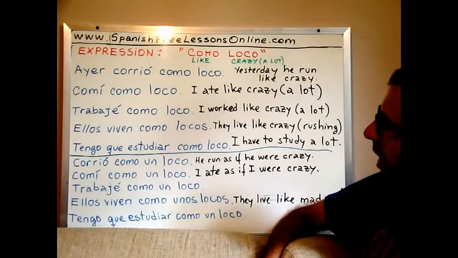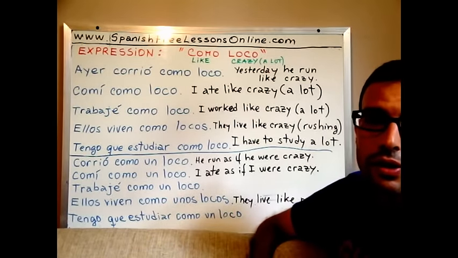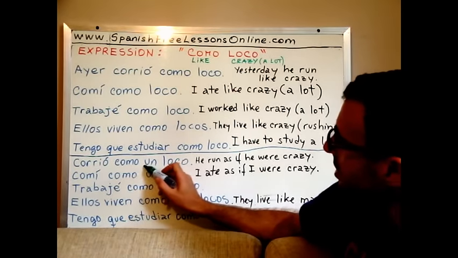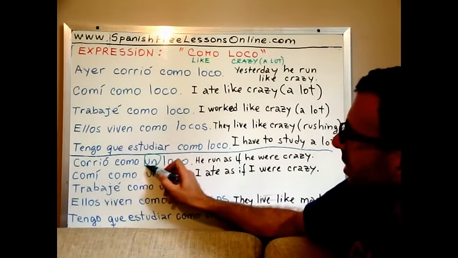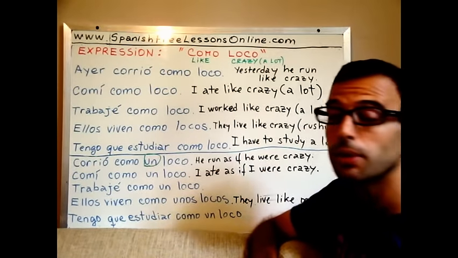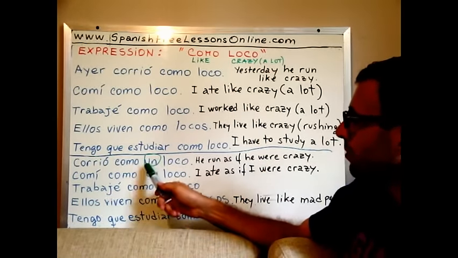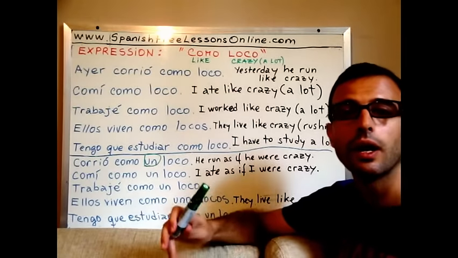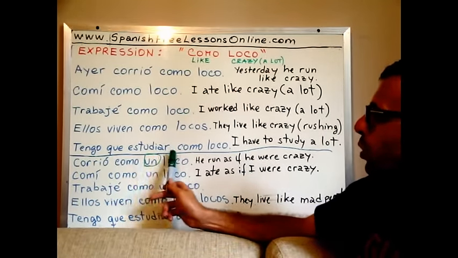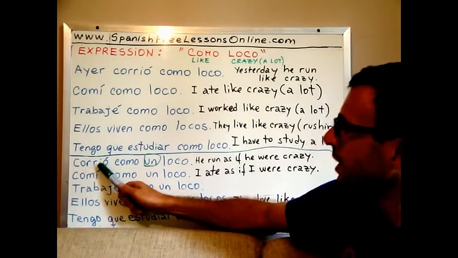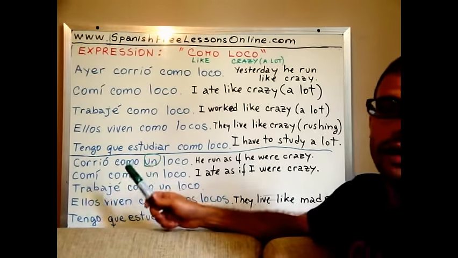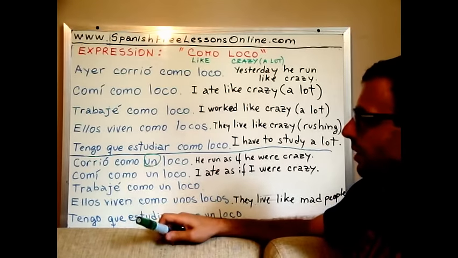Now, look how the connotation, right, can change if we add this article, this indeterminate article, right? Uno, right? That means a. Here we are saying, corrió como un loco. He ran like a crazy, or like a crazy person, right? Like a crazy man.